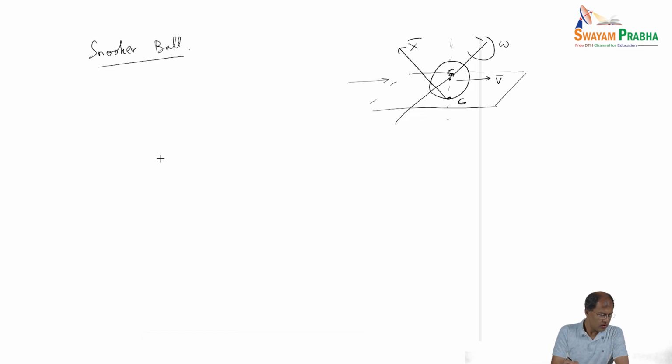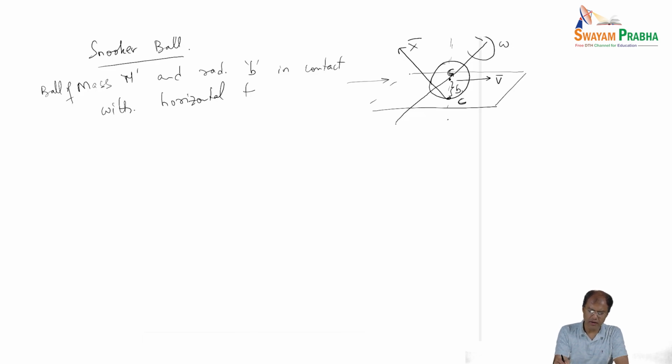So what have we got? What we have is a ball of mass m and radius b, right? So the radius is b here. This is in contact with the horizontal table, and we consider the general motion, and we allow skidding.